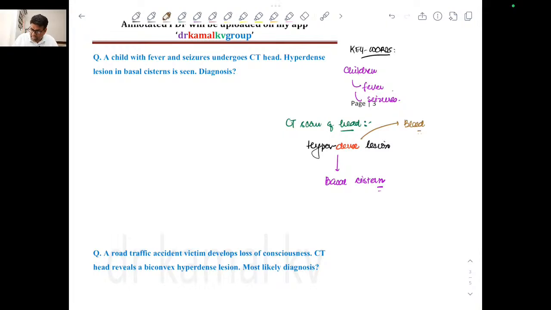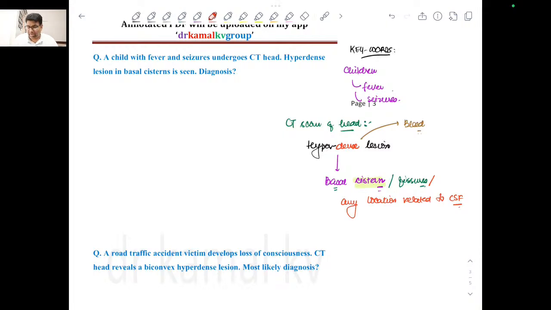Clear? So the moment you have this word hyperdense on CT scan, think of blood or bleeding somewhere. Now based on this particular anatomical location, you will answer this question. So if there is any mention of bleeding in basal cistern or fissures, clear, or any location related to CSF, think of bleeding in CSF.